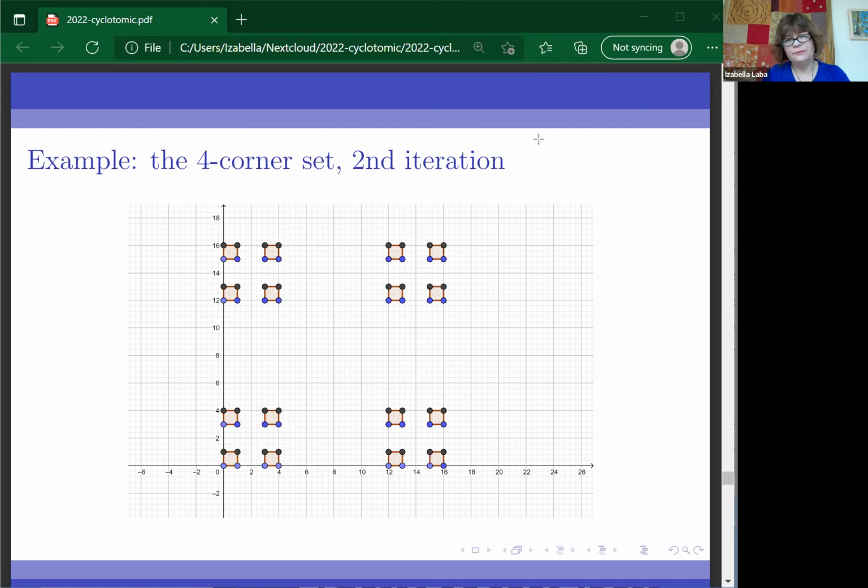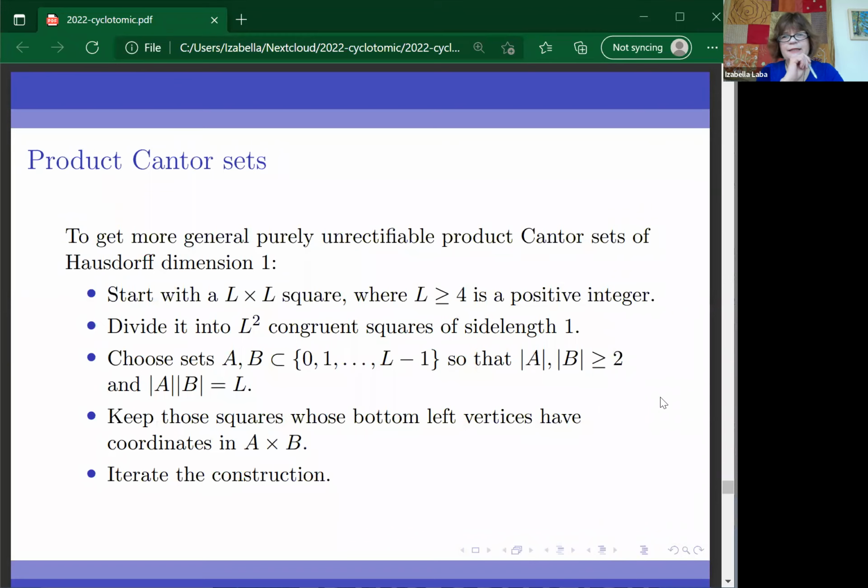And what I want to prove is that if I take the average over all angles, then that average is going to be better behaved. I also want to look at more general product Cantor sets, where instead of a 4x4 square, I start with an L by L square.